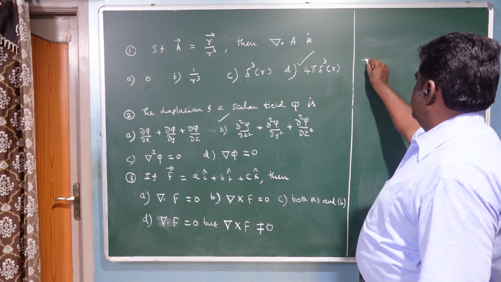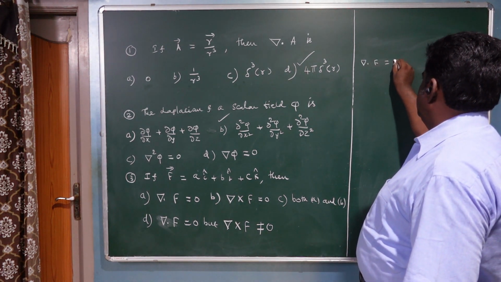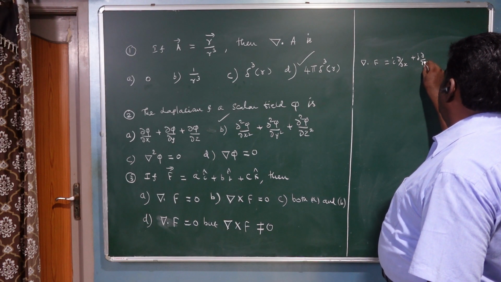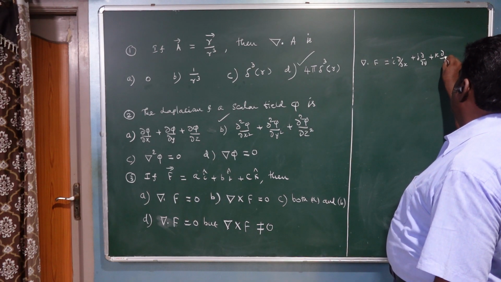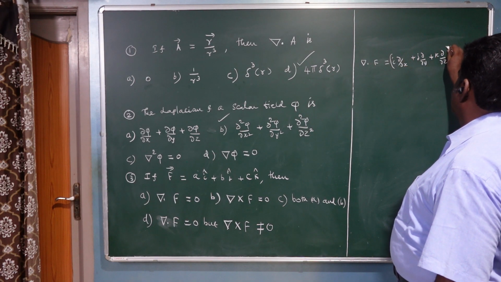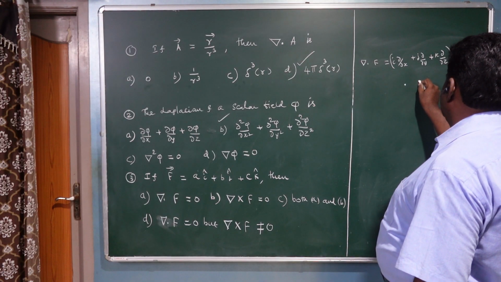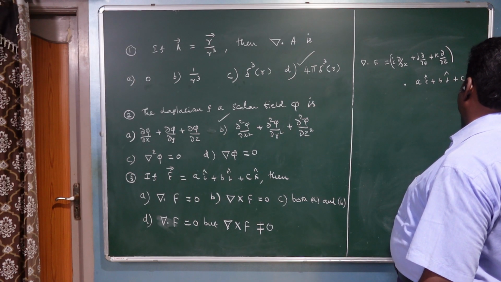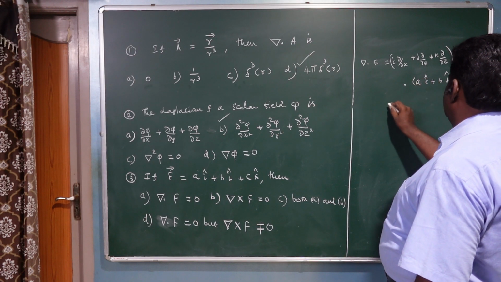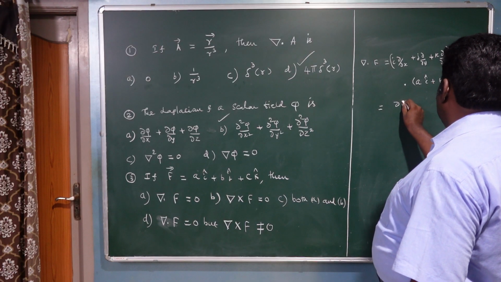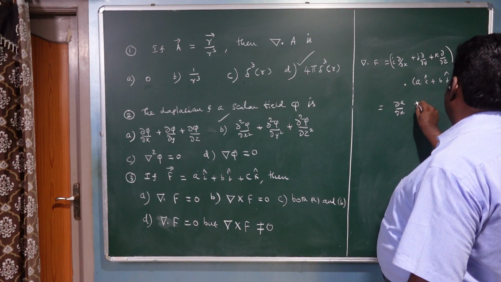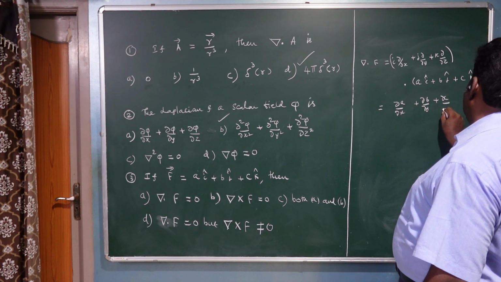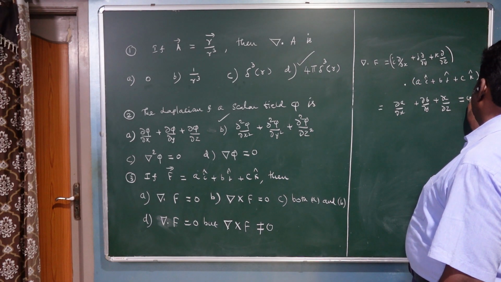If you take del dot f, it is i into dou by dou x plus j into dou by dou y plus k into dou by dou z, dot a into i plus b into j plus c into k, which is equal to dou a by dou x plus dou b by dou y plus dou c by dou z, which is equal to 0.